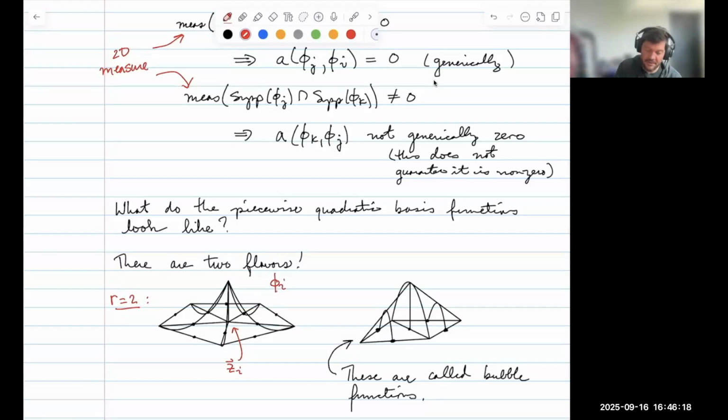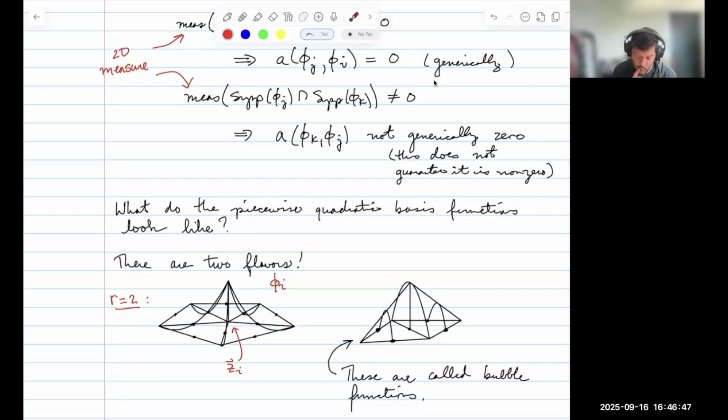So what do we know about phi i? It's going to be 1 at z_i, and 0 at all the other nodes. Now, in this case, these vertices aren't the only nodes that appear. There are also edge midpoint nodes. Notice that this basis function cuts through these edge midpoint nodes, and it has to be 0 at those as well.